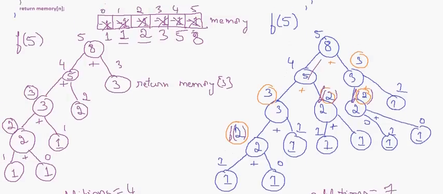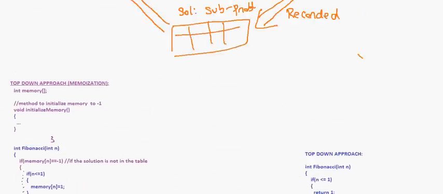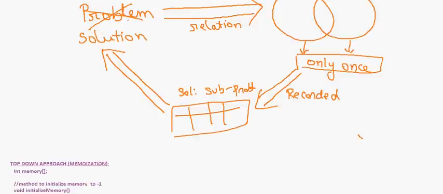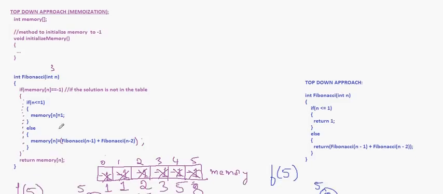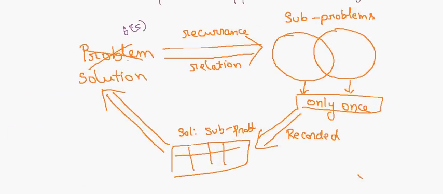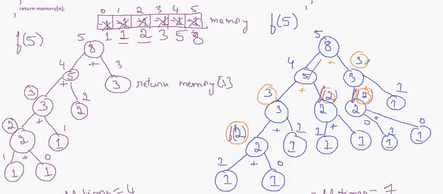If we look at the dynamic programming approach, we had a problem, Fibonacci of 5, and then we had a recurrence relation: if n is less than or equal to 1, then 1, otherwise Fibonacci of n minus 1 plus Fibonacci of n minus 2, from which we got subproblems. That was again Fibonacci of 4, Fibonacci of 3, Fibonacci of 2, and then Fibonacci of 1 and 0.